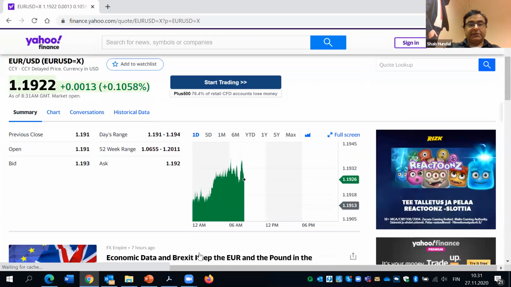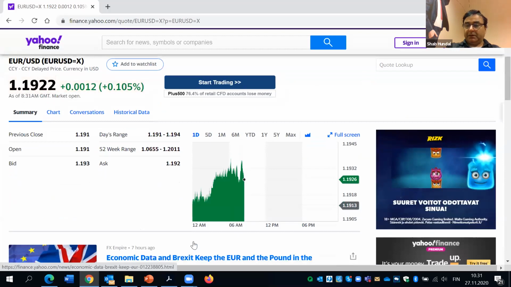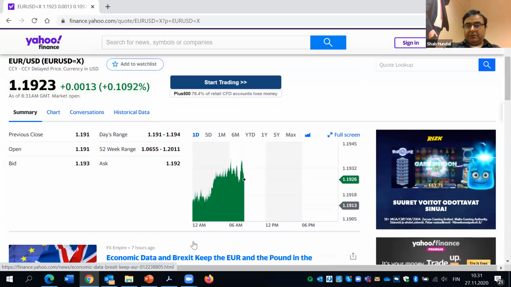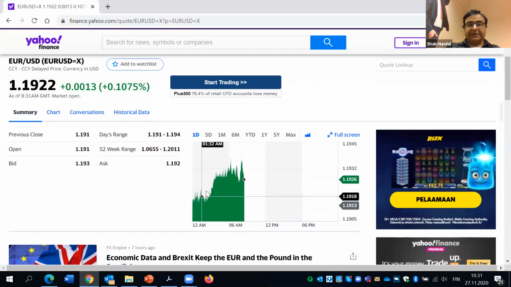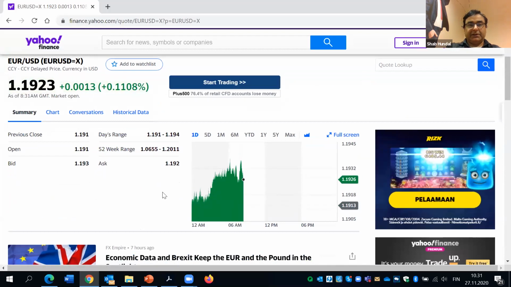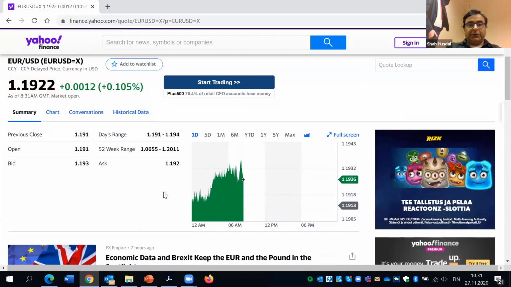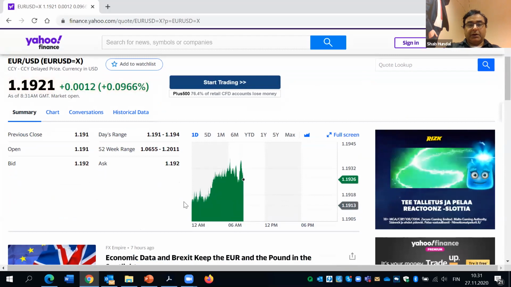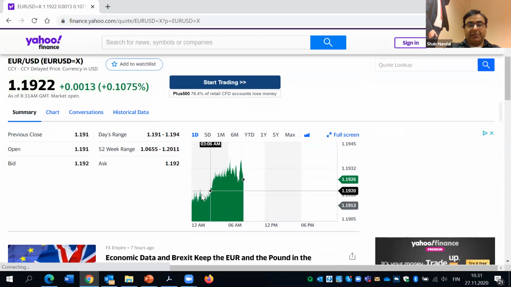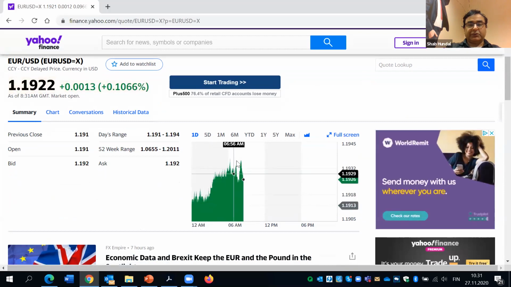So you can see that today the price has been this much. Today, the euro's value has been going pretty much up. It's fluctuating, but this is the American quote, and you can see that it's changing constantly.